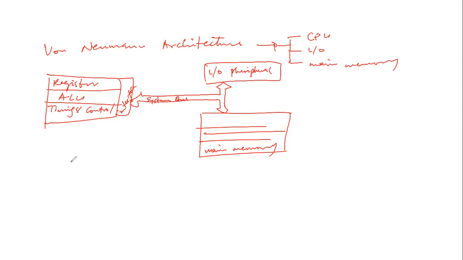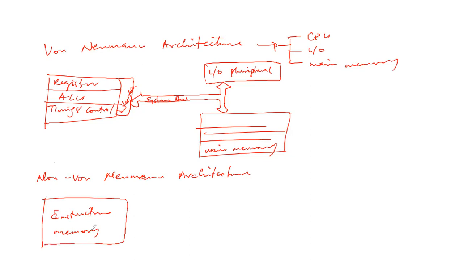And then we have the non-von Neumann architecture. We have two sides to this. In the first version, which is the Harvard architecture, we have the instruction memory, for instance, in this location.